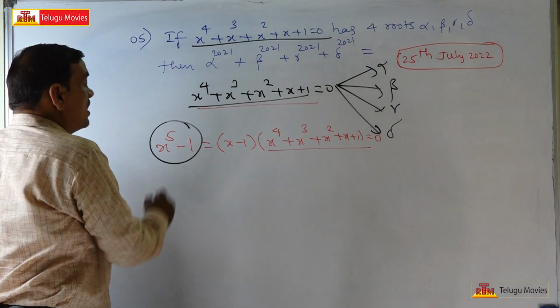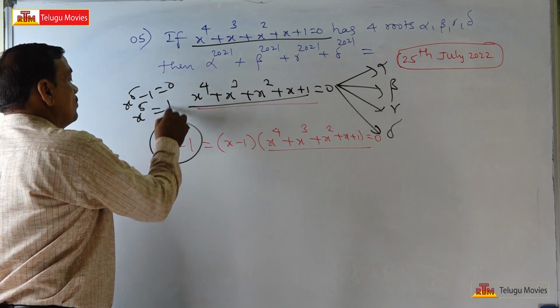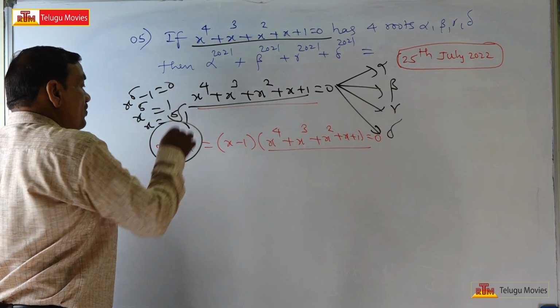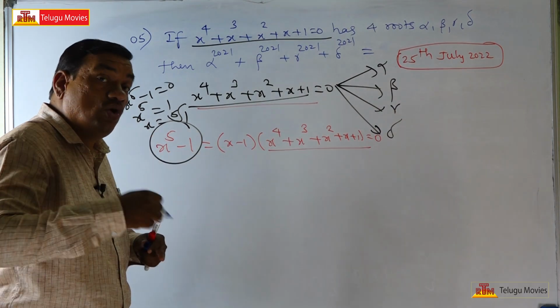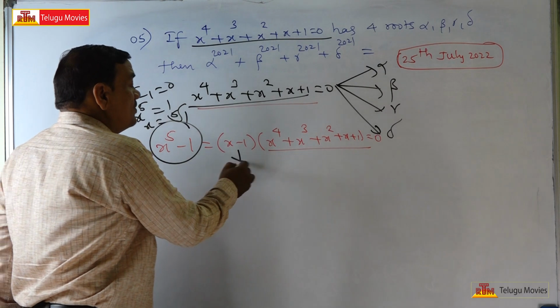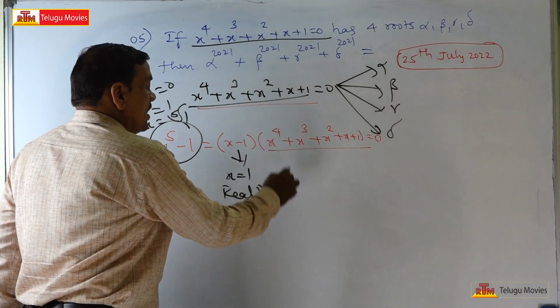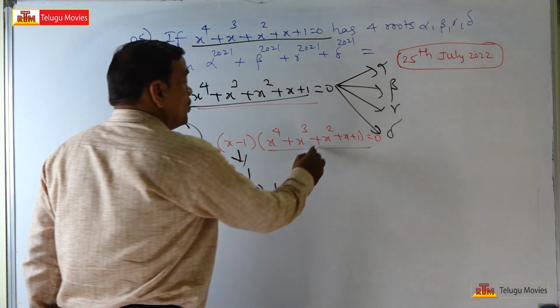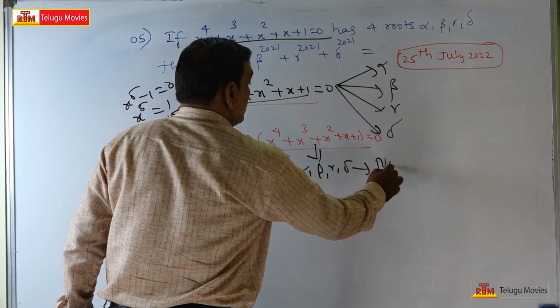Now, x power 5 minus 1 is equal to 0, x power 5 is equal to 1, so x is the fifth root of unity. Out of that, x is equal to 1 is a real root, and alpha, beta, gamma, delta are not real roots.